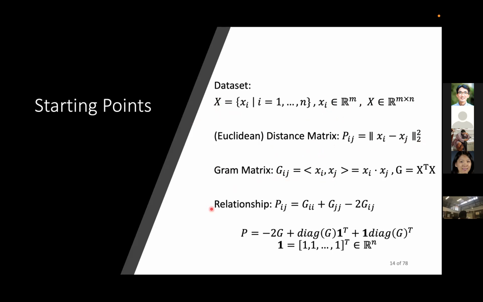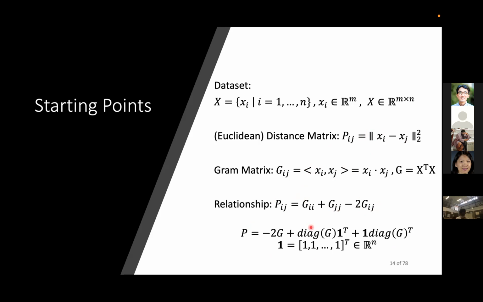We can establish this relationship between the distance matrix and the Gram matrix. This entry is what you obtain after you break the two-norm down into inner product notation, and this is the matrix notation for it.